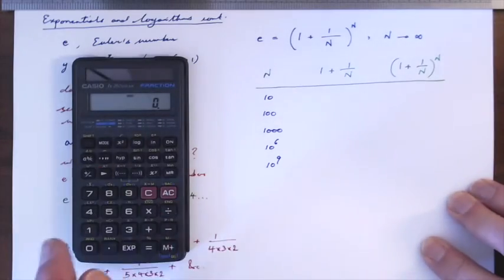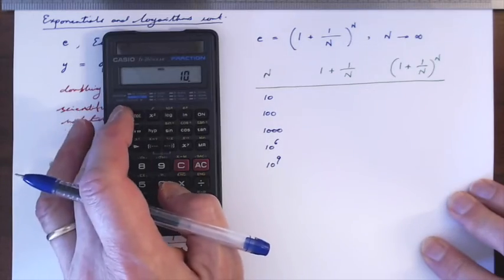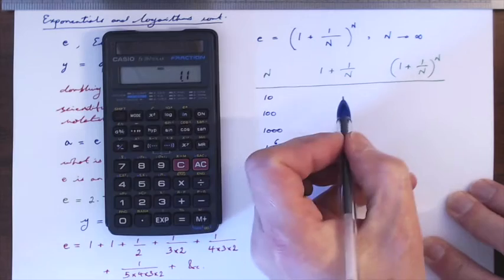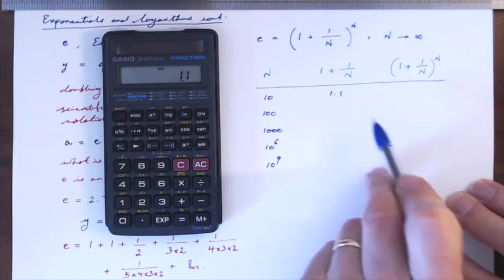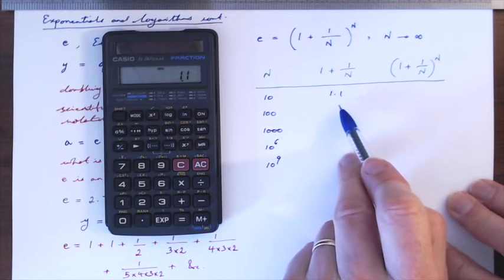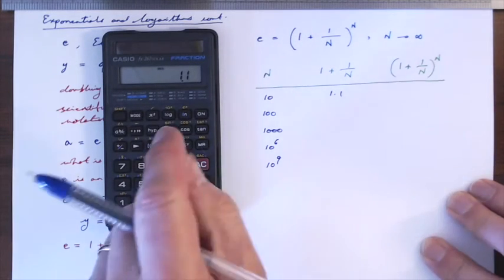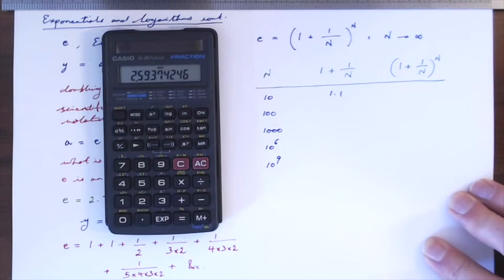So obviously, if I take the number 10 and take its inverse, I get 0.1. And if I add that to 1, I get 1.1. No surprises there, hey? Now what I'm going to do is take this number and multiply it by itself 10 times. So on the calculator, I can raise this to the power of 10. And that's interesting.